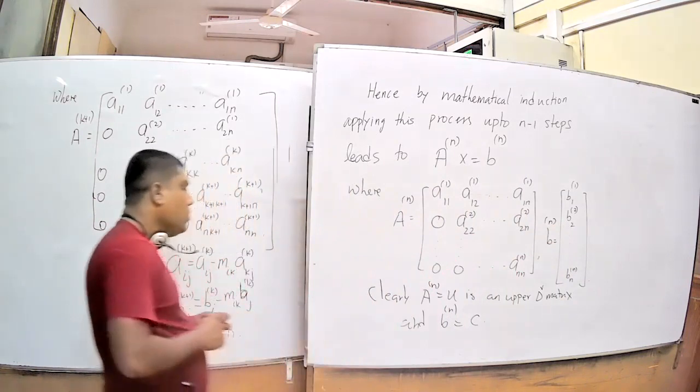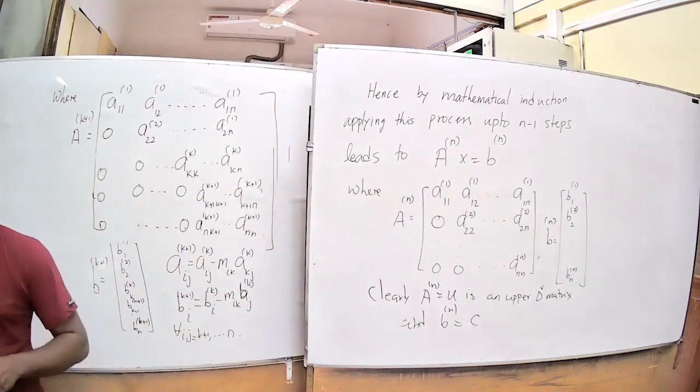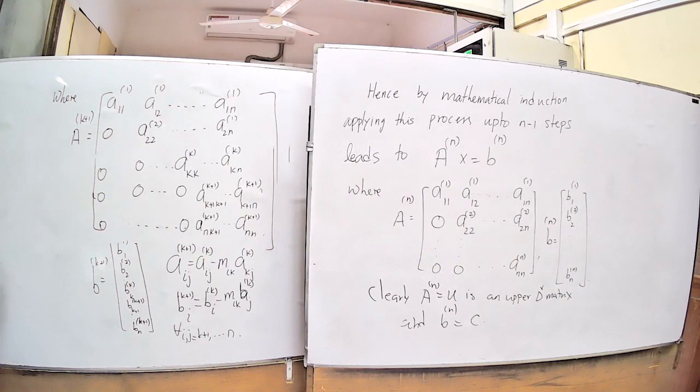So clearly your B_n is equal to C, and that is the upper triangular system we have.